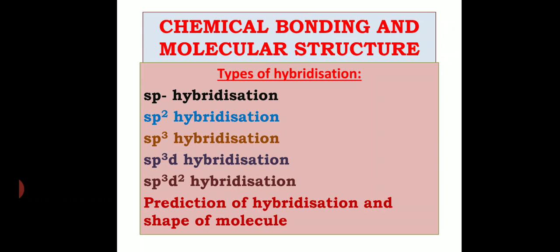If I ask questions, surely you will answer them. We also learned prediction of hybridization and shapes of molecules. If I give you some molecules, surely you will be able to predict the type of hybridization and shapes of molecules, right?